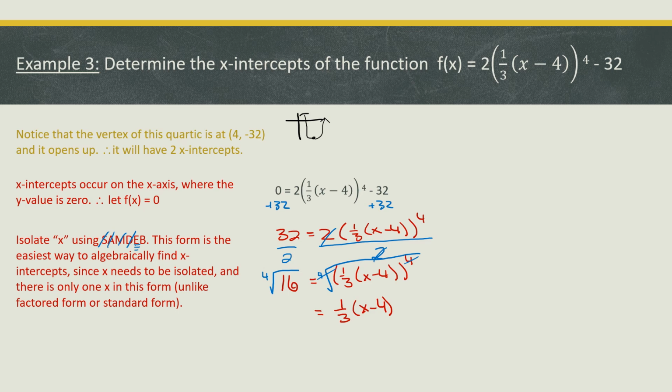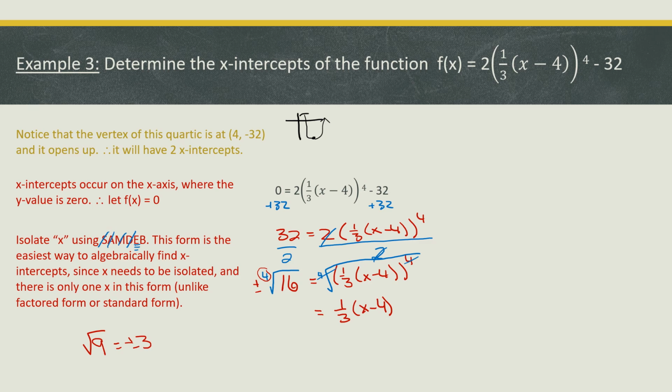What do I have on the left side? When you have to draw in your own root sign, because there wasn't one in the question, and it's an even number like this 4, you have to put the plus or minus, just like if it were squared. The square root of 9 is plus or minus 3.